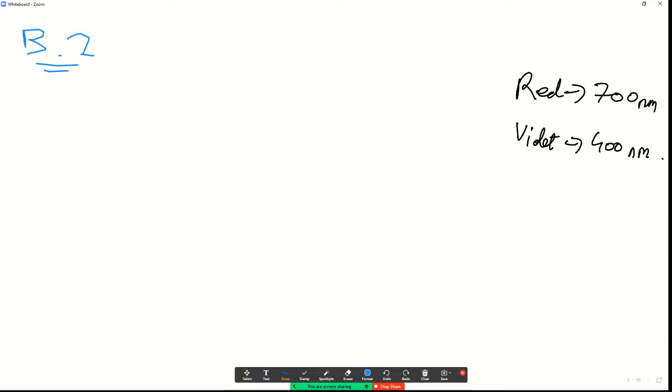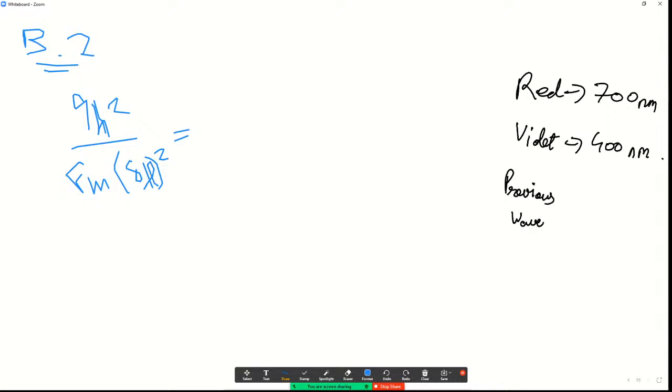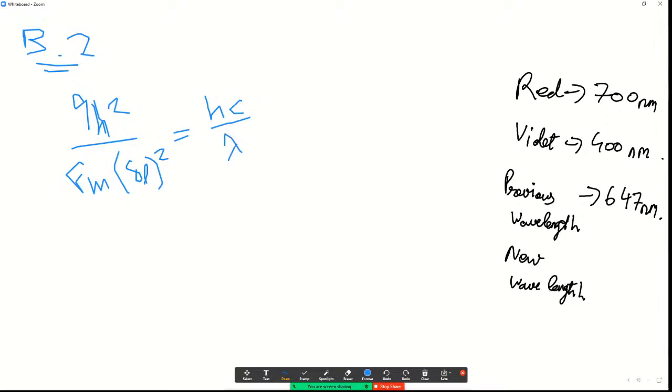Okay. 9h squared over 8m, 8L squared. Instead of 8, won't it be 8.5 because we have subtracted by 2?